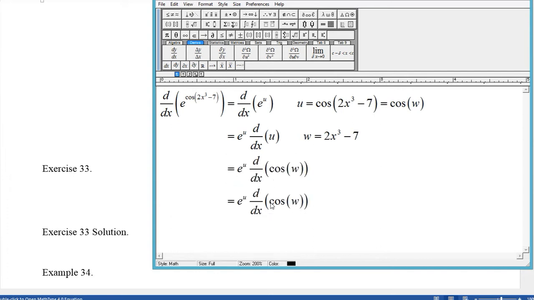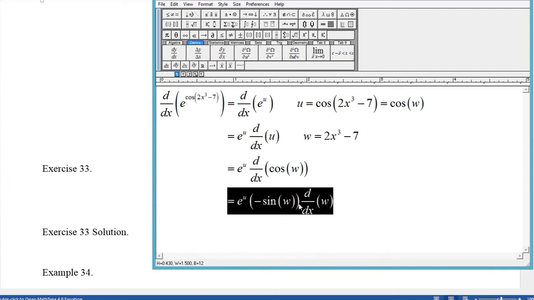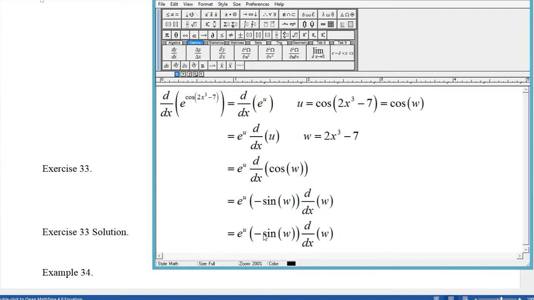Derivative of cosine w is the opposite of the sine of w, but then we have to do the derivative of the w. Okay, let me put the minus out front, and then the sine of w here. We'll come back and substitute in the u and the w in a minute.